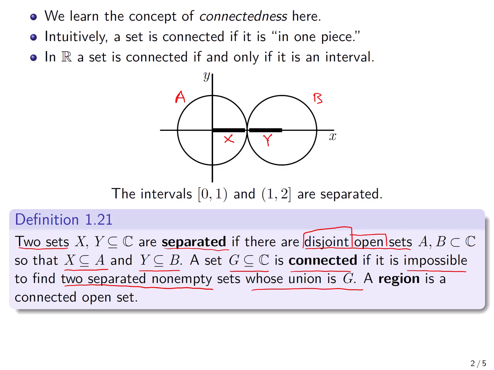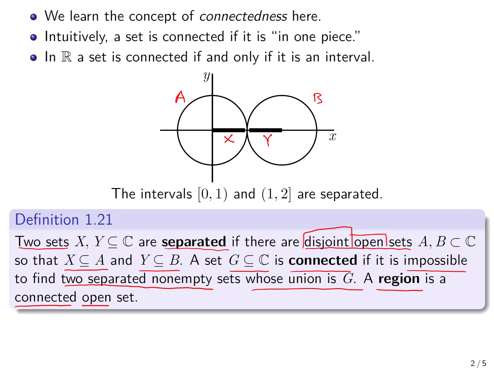If you cannot break this into two separate sets, then it is connected. And then a region is a connected open set. We call it a region if the set is connected and also open.